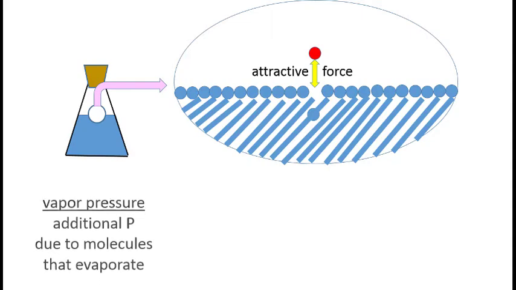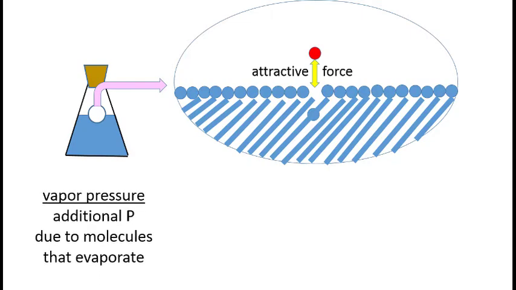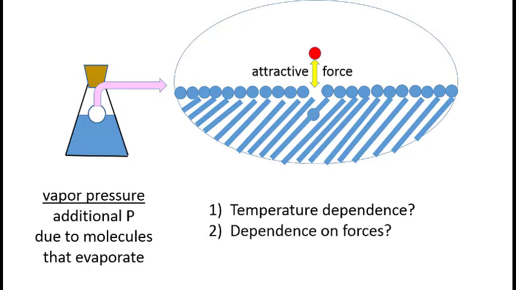Remember that the vapor pressure is the additional pressure that builds up due to the molecules that evaporate. The air above the liquid already has a pressure to it, but that pressure can increase due to evaporation. So first, what happens to the amount of liquid that evaporates as the temperature changes? And second, how will two materials with different intermolecular forces compare in vapor pressure?